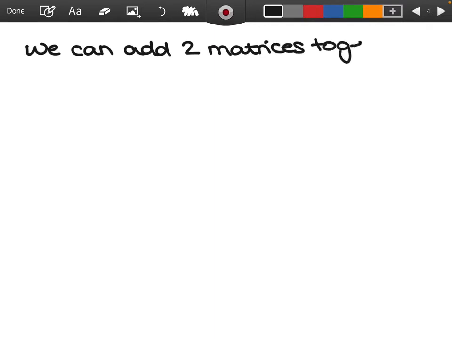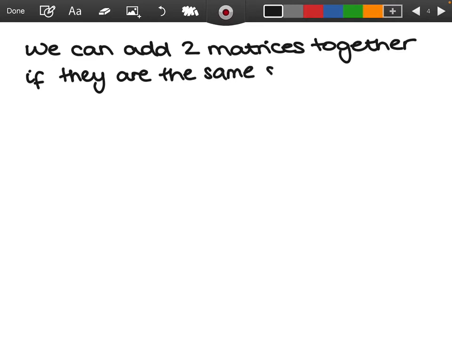Now we're going to look at adding two matrices together. So if we add two matrices together, they have to be the same size. Why is that important? Well, we add the corresponding entries to each matrix.